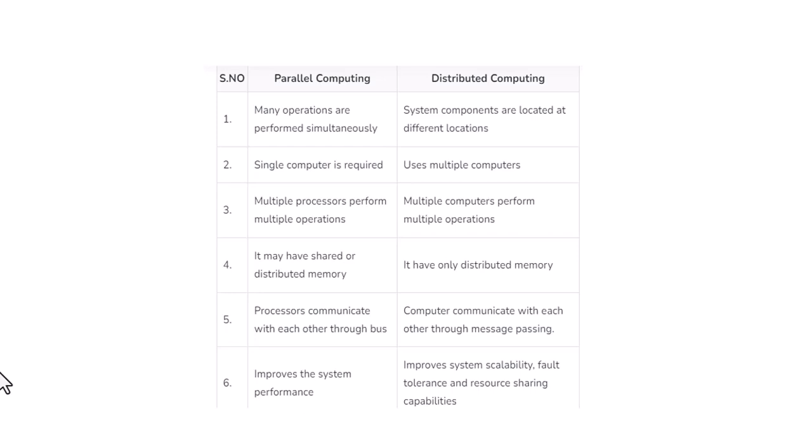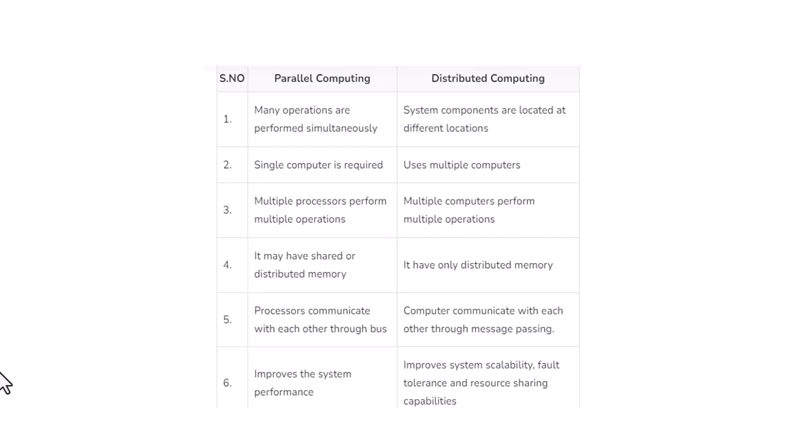In parallel computing, a single computer is required, while distributed computing uses multiple computers. Multiple processors perform multiple operations in parallel computing, while in distributed computing, multiple computers perform multiple operations.